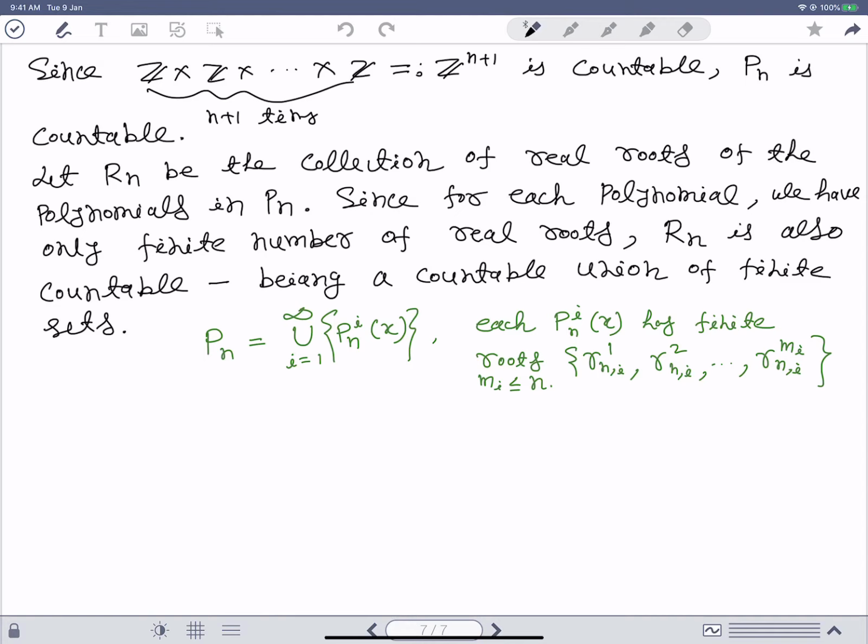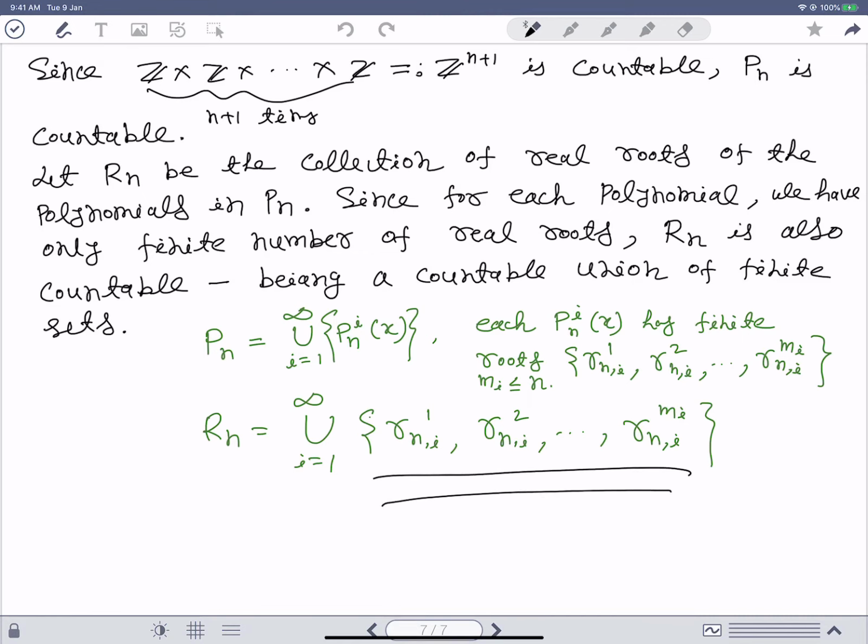Consider Pn,i(x); this polynomial has roots, say r1, r2 up to r_m(i), depending on i. That means each polynomial has this number of roots. Therefore, we can write Rn as a union of these finite sets. Therefore, Rn is countable.